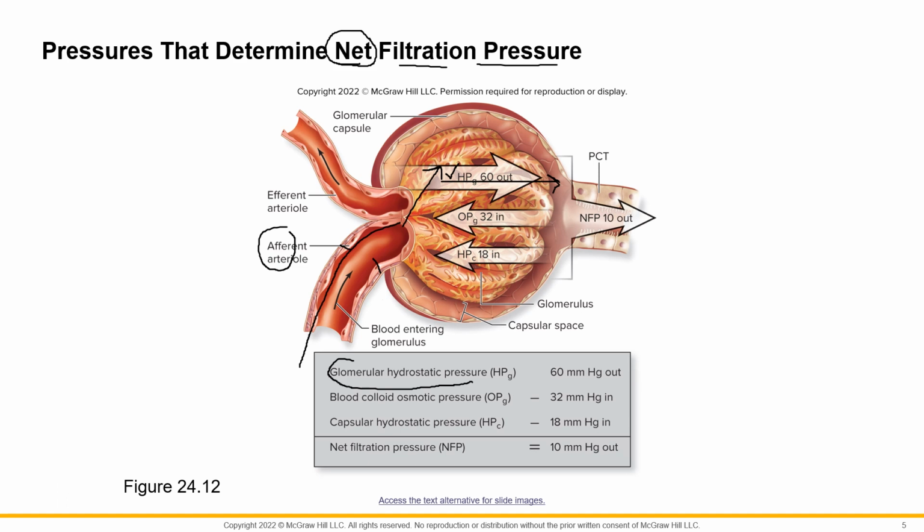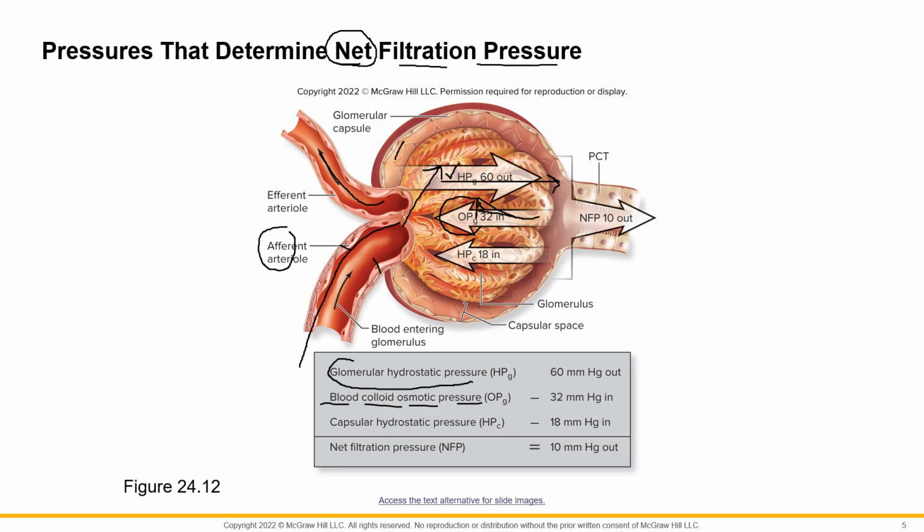However, there are two opposing pressures here. The first of two opposing pressures is the blood colloid osmotic pressure. This is a counter pressure because all of the colloids, the larger proteins in blood, are exiting through the efferent arteriole, and this pressure is exerted this way, opposite to your glomerular hydrostatic pressure.